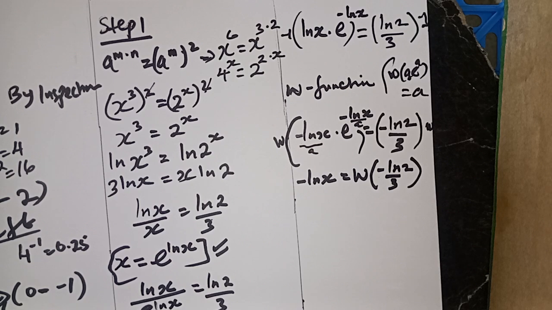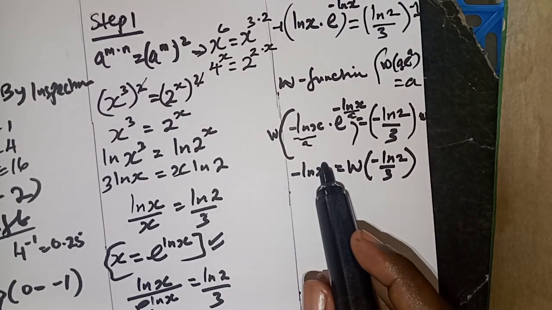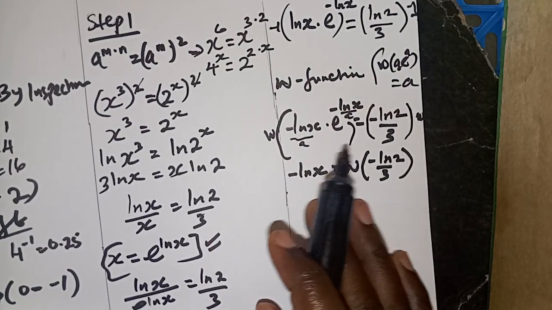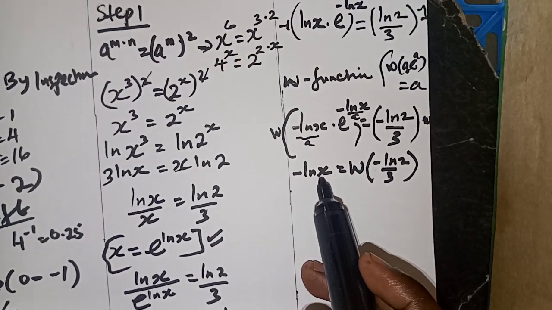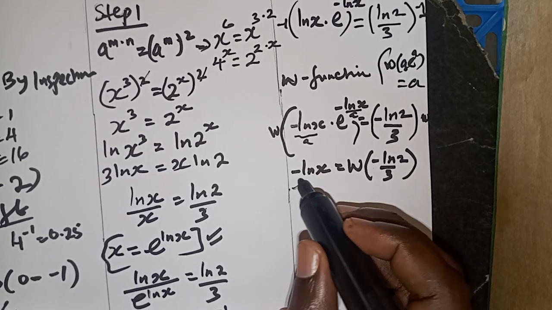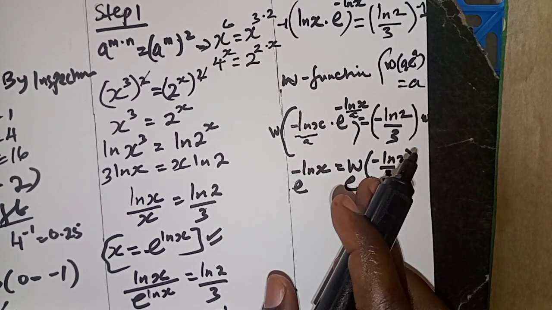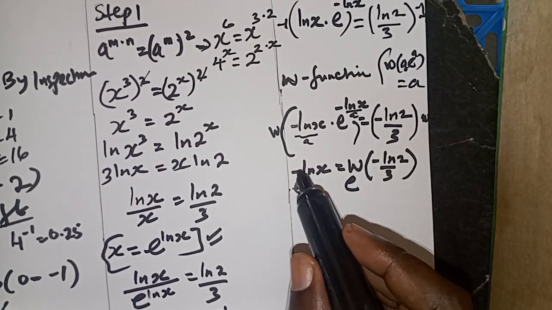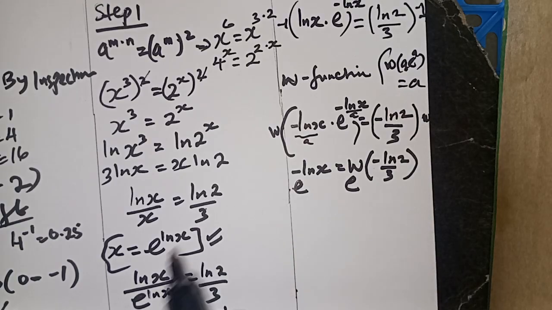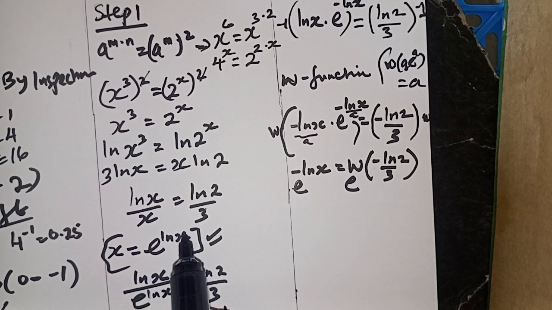At that stage, I want to introduce the exponent so that I end up getting the value of x. I've just introduced the exponent on both sides. Recall that we said x equals the exponent of ln of x.